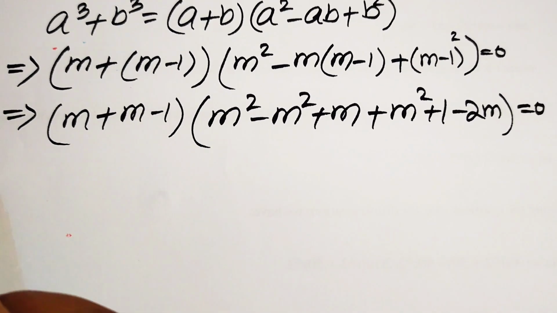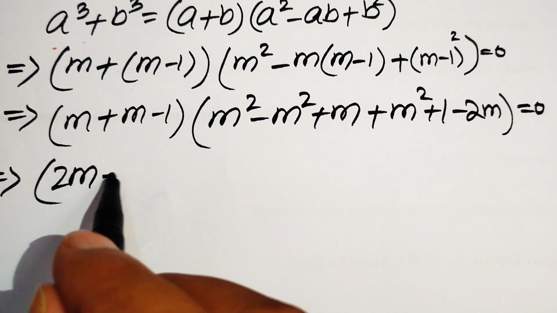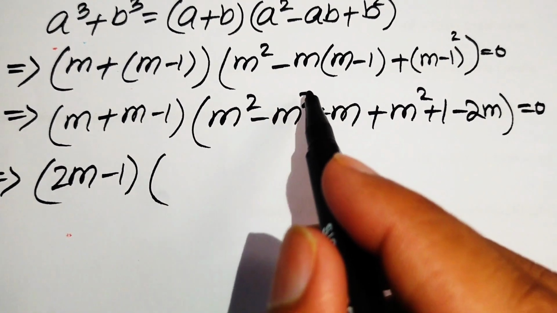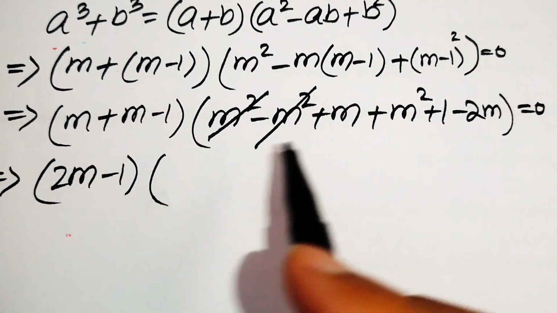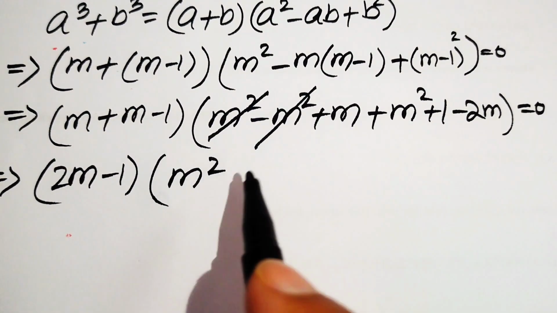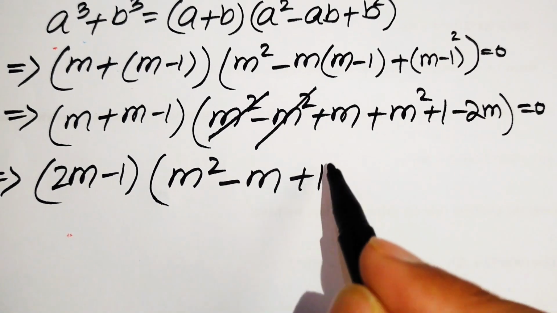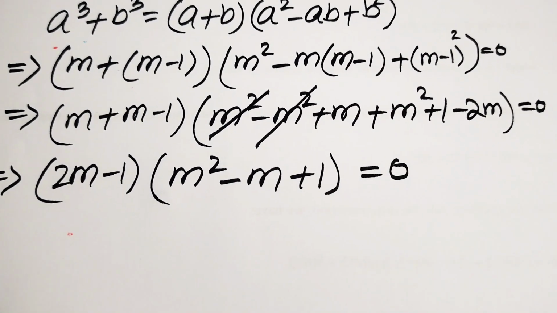So here we need more simplification, and we have m plus m becomes 2m minus 1, times this negative and positive are gone, and we get here m square, and this m minus 2m becomes minus m, and this is plus 1 equals 0.